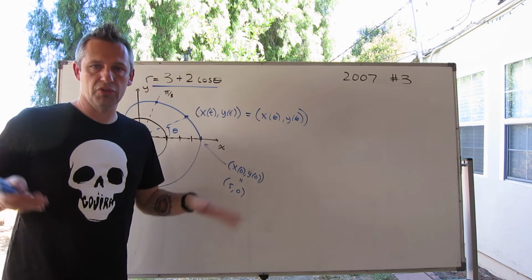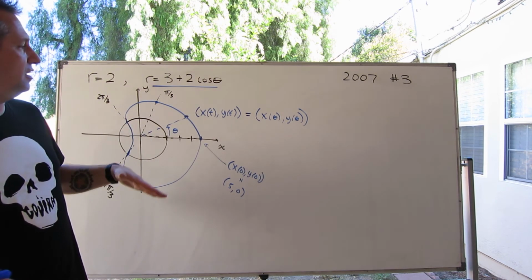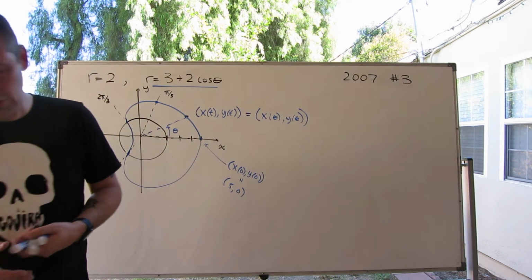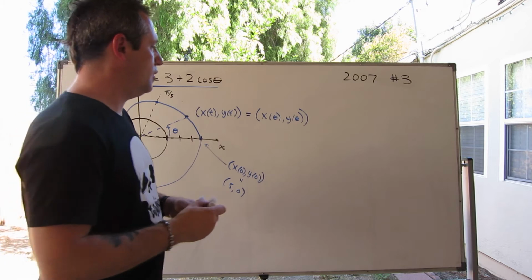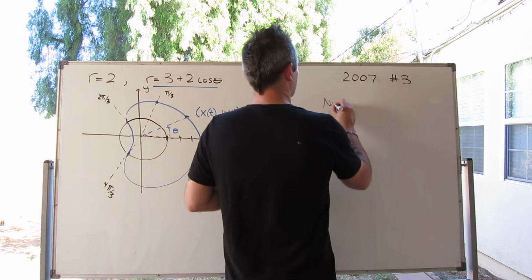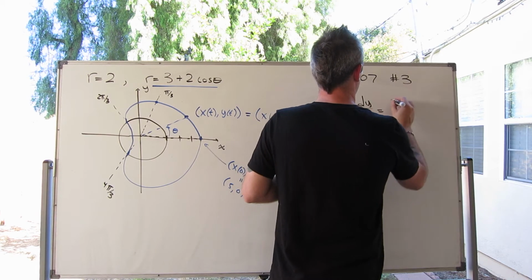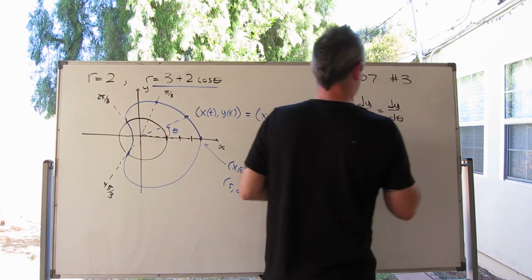And we did some cool stuff by looking at dr dt and dr d theta. In this part they want us to note that, similarly to the thing with dr dt, dy dt is the same thing as dy d theta.